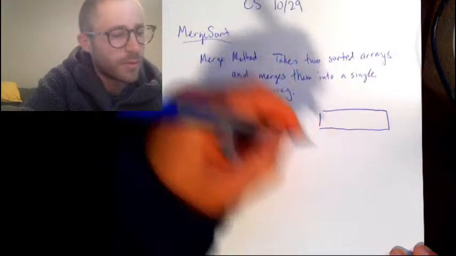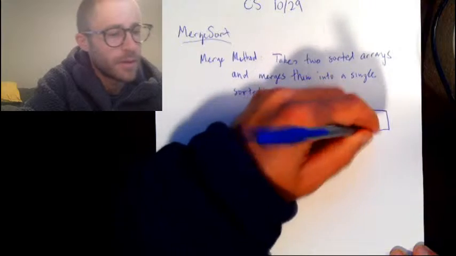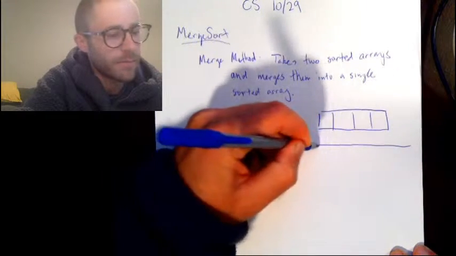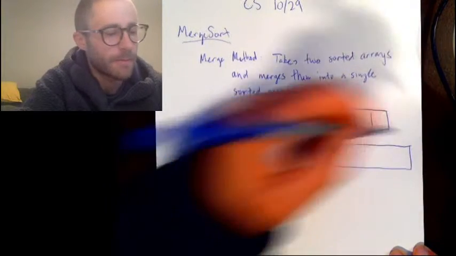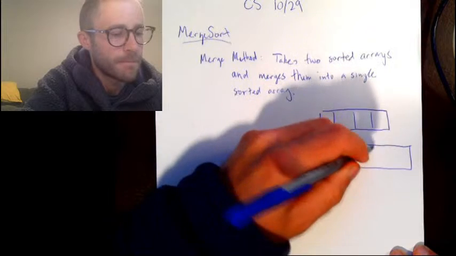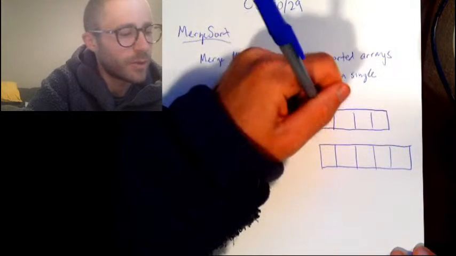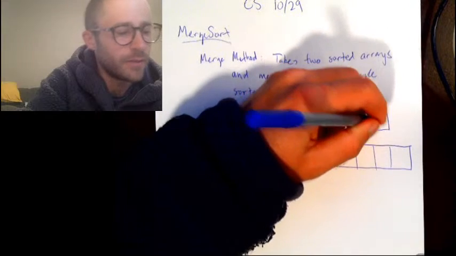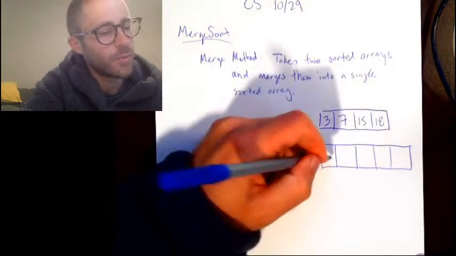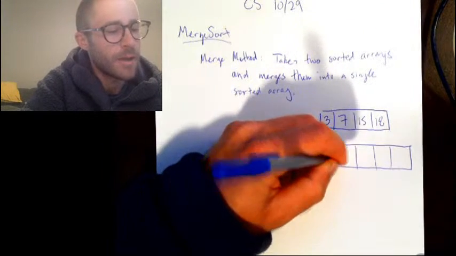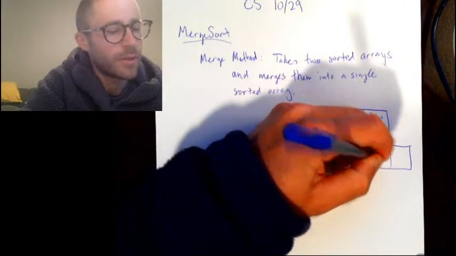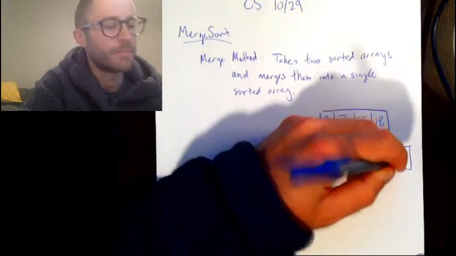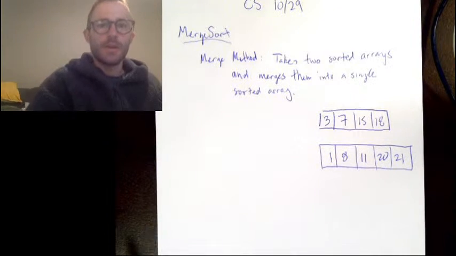Let's make one of length 4 and the other one of length 5. Okay. And so maybe this one has 3, 7, 15, 18. This one has 1, 8, 11, 20, 21. Something like that. Okay?